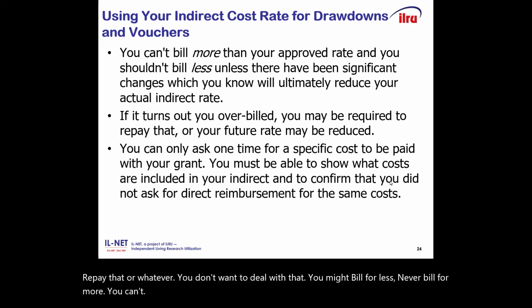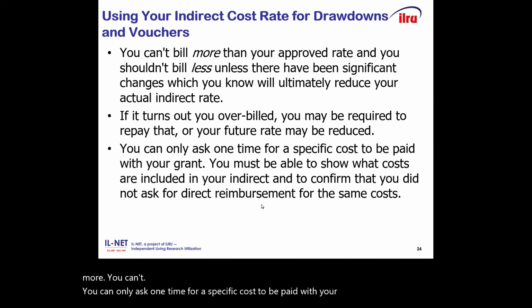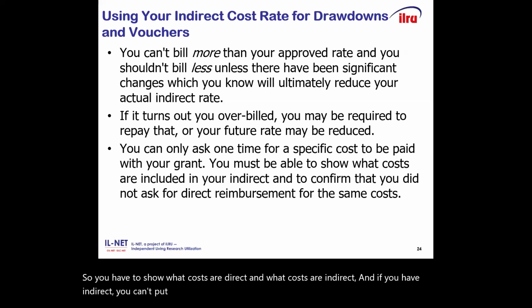You can only ask one time for a specific cost to be paid with your grant. So you have to show what costs are direct and what costs are indirect. And if you have indirect, you can't put it in your reimbursement request. You take out the cost and you put in the percentage. Now, I want you to hear what I said.